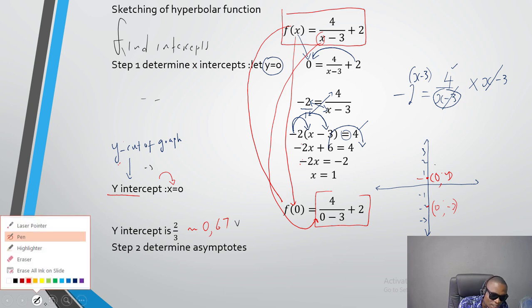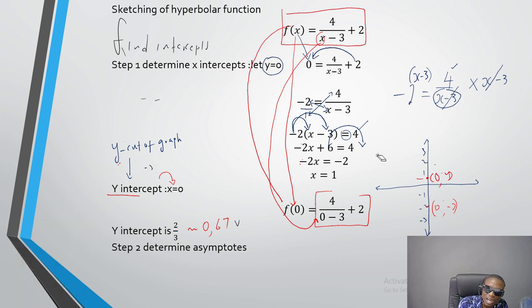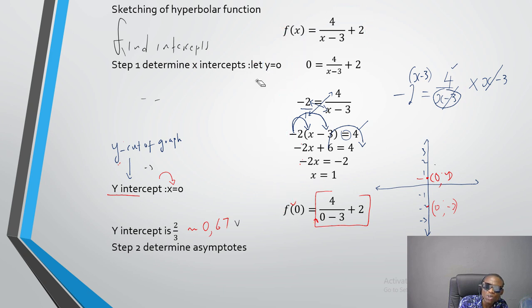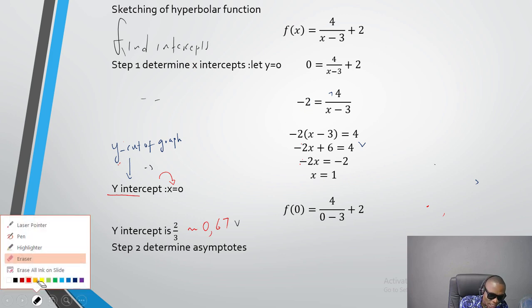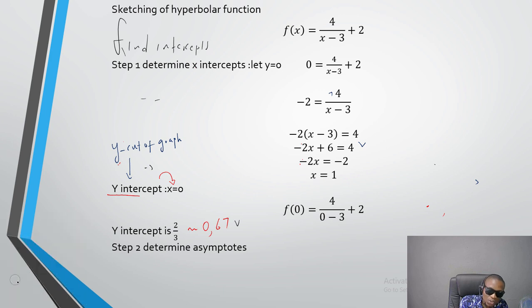The hyperbola function has what we call the x-asymptote and the y-asymptote. Let me erase and explain what these asymptotes are. What are we talking about when we talk about the asymptote? The hyperbola function has asymptotes, because it's more than one. There are two. So we have what we call the x-asymptote. What is this x-asymptote?